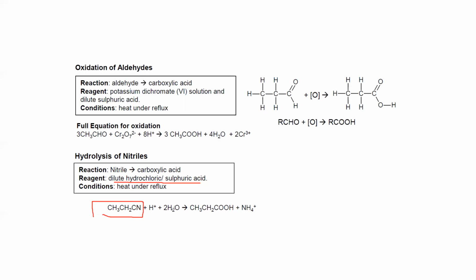The acids are aqueous, so this dissociates into carboxylic acid, propanoic acid, plus ammonium ion. If it is HCl, hydrochloric acid, ammonium chloride will be there. With sulfuric acid, ammonium sulfate will be there.